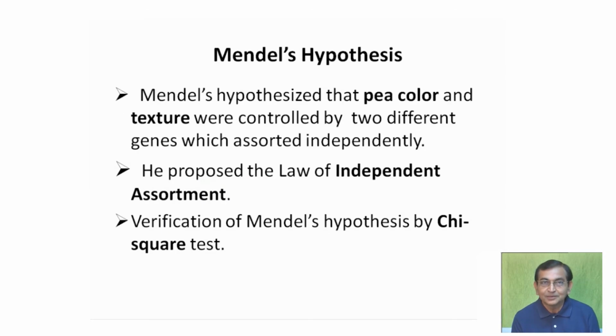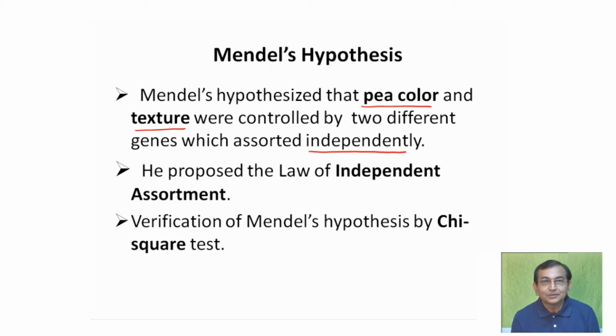With the help of Chi-Square, we can test Mendel's hypothesis. Mendel hypothesized that pea color and texture were controlled by two different genes which assorted independently.